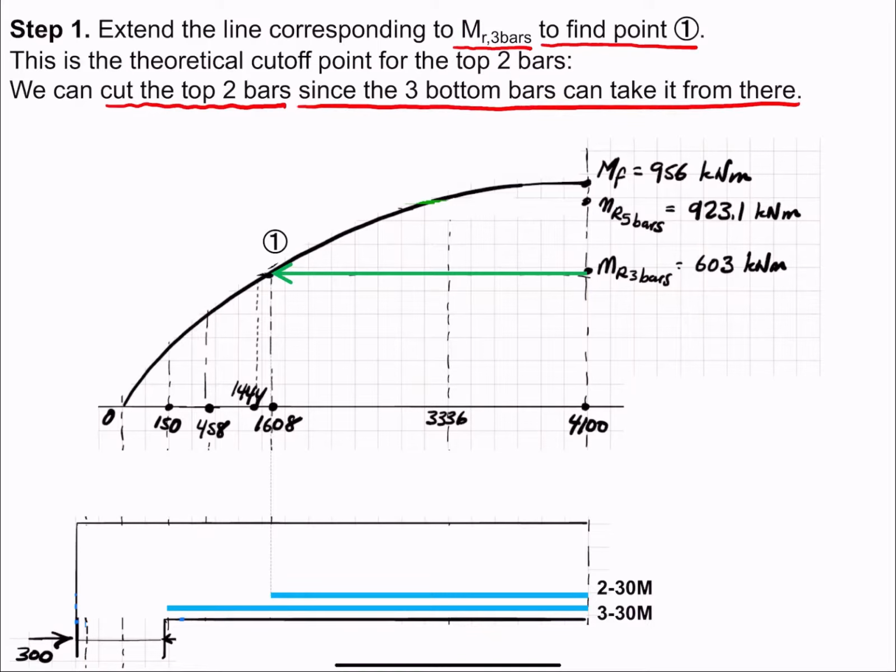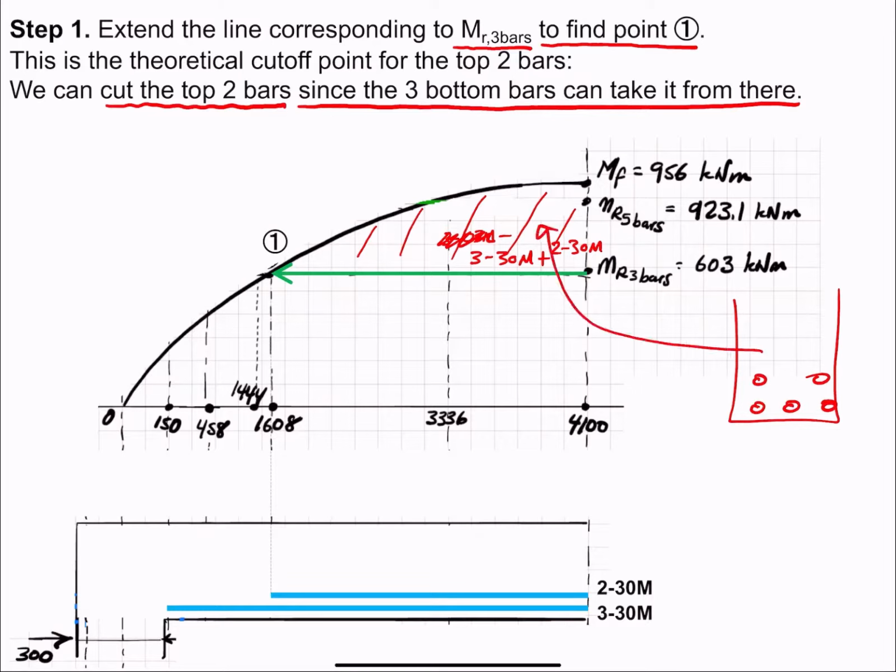So you need the top 2 30s for this region, and then you need 3 30s in the bottom, plus the two 30s in the top. So you need everything in this region.